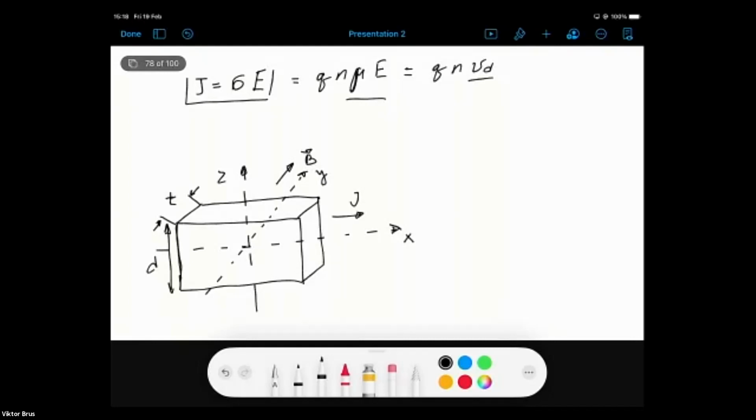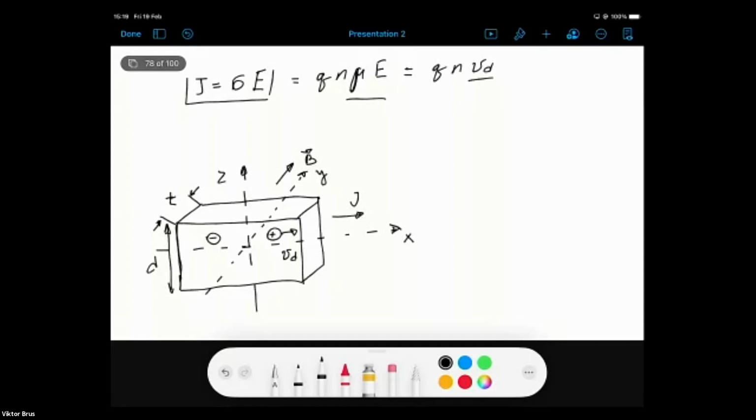Now consider a very general case. We will discuss this step by step, but later. For now we can assume that we have two types of charge carriers in this conductor. Say we have negative charges and positive charges. In order to have electric current flowing from left to right along axis X, the drift velocities of these charge carriers should be the following.